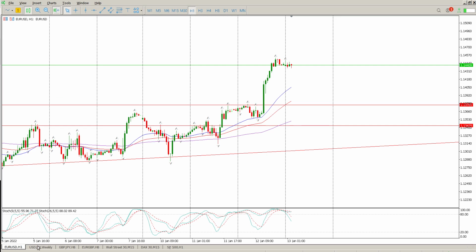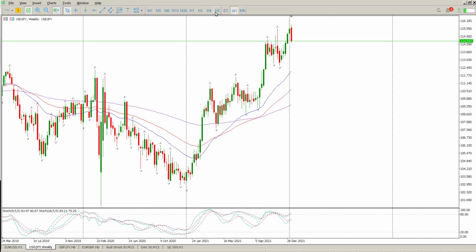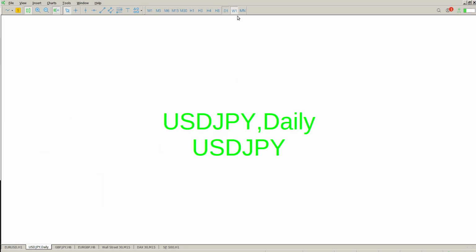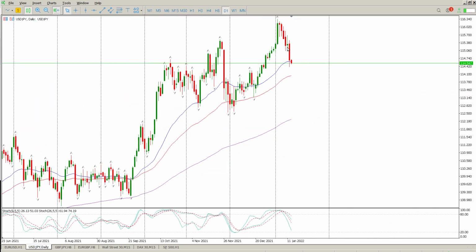Moving across to US dollar, Japanese yen. And that's actually what I wanted to show you on the weekly. If you look at the weekly, it does look like we've got a bit of a flag here and potential move to the downside, but it is an uptrend, and the converse is true on the daily. We are in a well-defined uptrend, and we are in this area of support here.